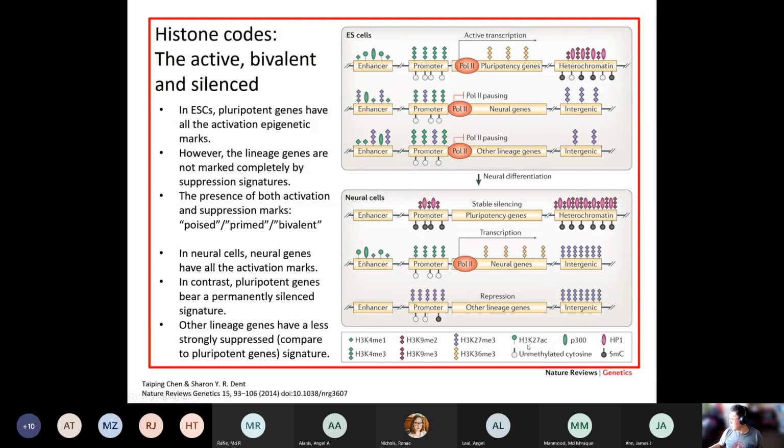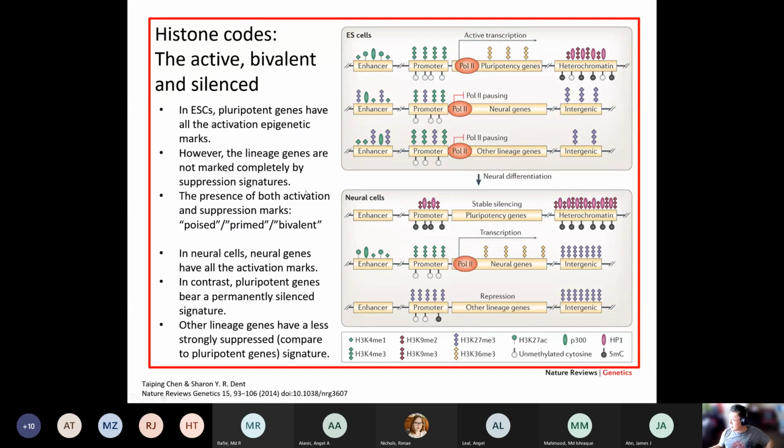And you also have K27 acetylation, indicated by the round ball there. You also have p300. p300 is the enzyme. Okay, so you have all these modifications. You can kind of predict those modifications are helping the locus to get transcribed.